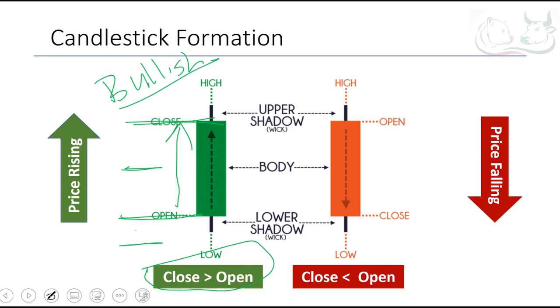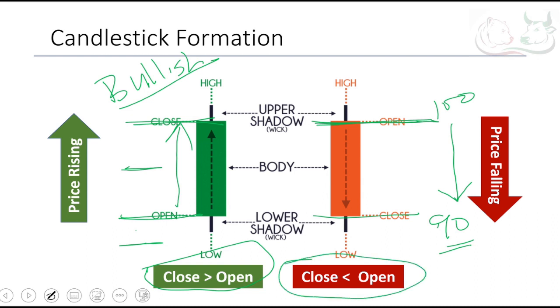On the other side, the open price is here, and this is where the candle opened, let's say it is 100, and here it closed, let's say at 90. In this case, your price has come down today, price has fallen compared to the opening price, the close price is lower. I've mentioned this here, the close is lower than the open price.